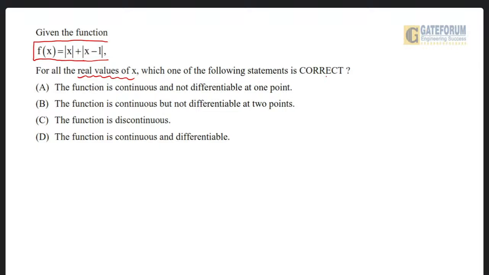This is from engineering mathematics, topic calculus, subtopic continuity and derivative of standard functions. The solution is, we know that mod x is continuous at every real number. Automatically mod x minus 1 is also continuous at every real number.